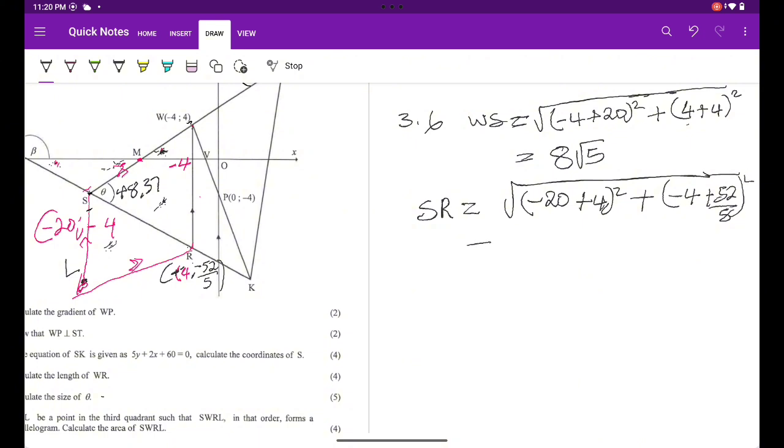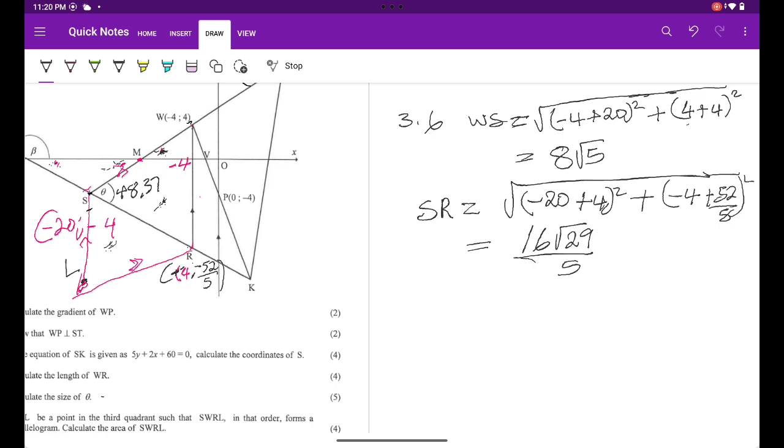Right, so if we punch this on our calculators, we get 16 and the square root of 29 all over 5.